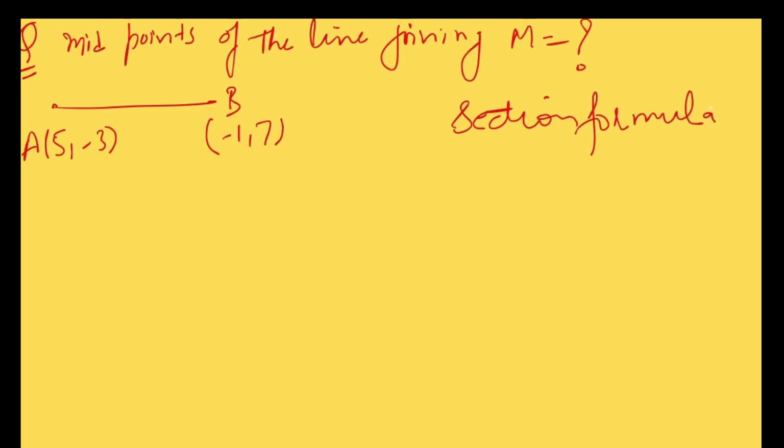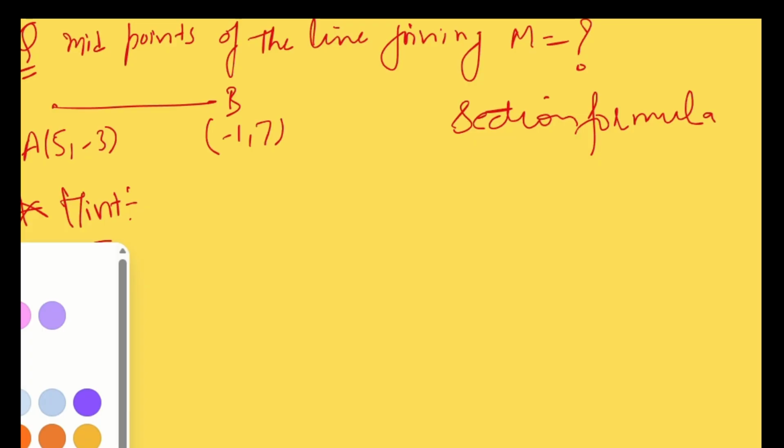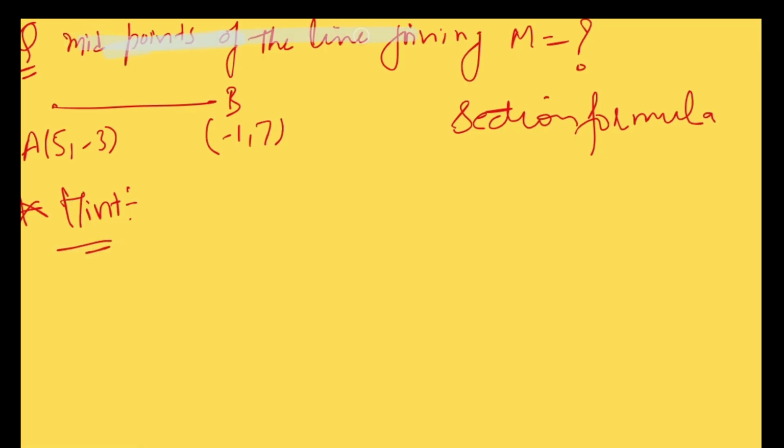So now they have given you a hint. What is the hint over there? You have to find the midpoint, and the midpoint always divides the line segment in the same ratio, like 1:1.